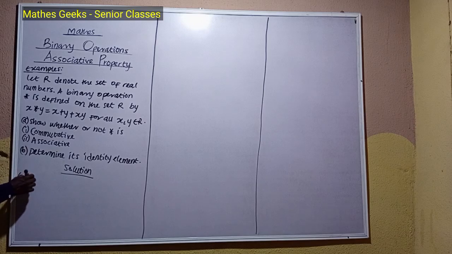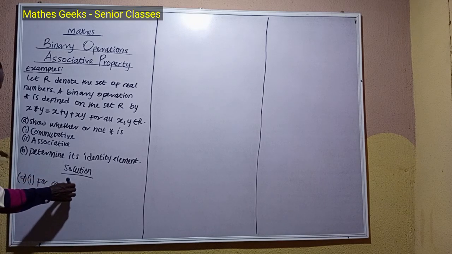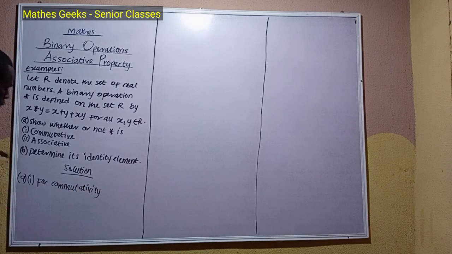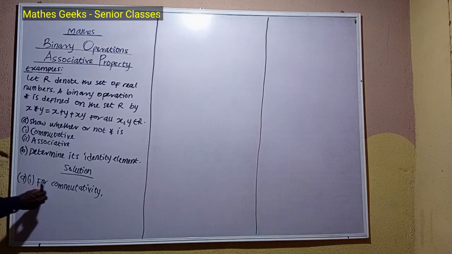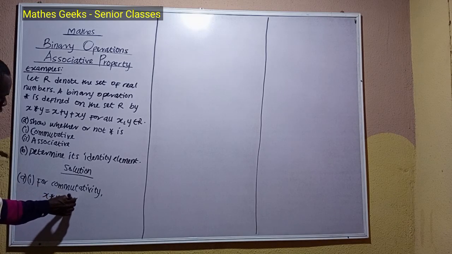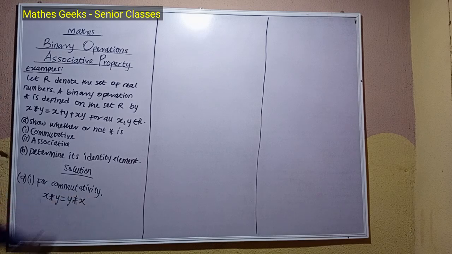So for commutativity, x star y must be equal to y star x.